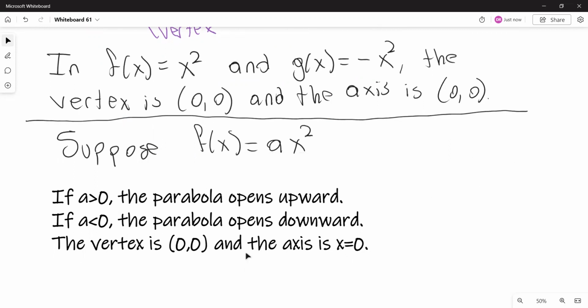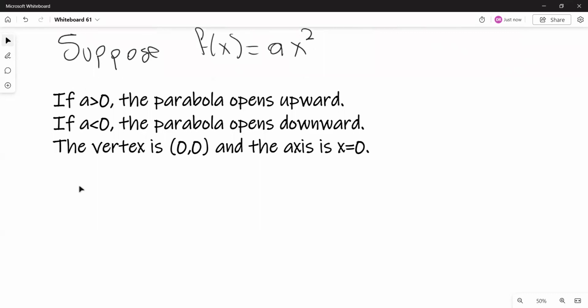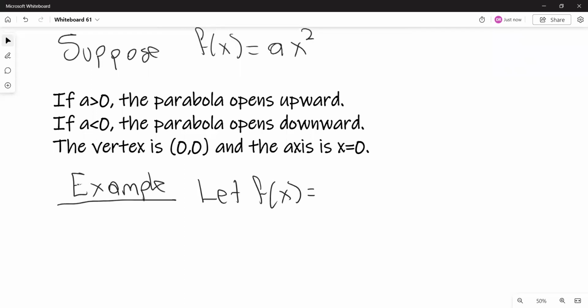Let's do another example. Now we're going to let f of x be (x plus 2) squared plus 1.